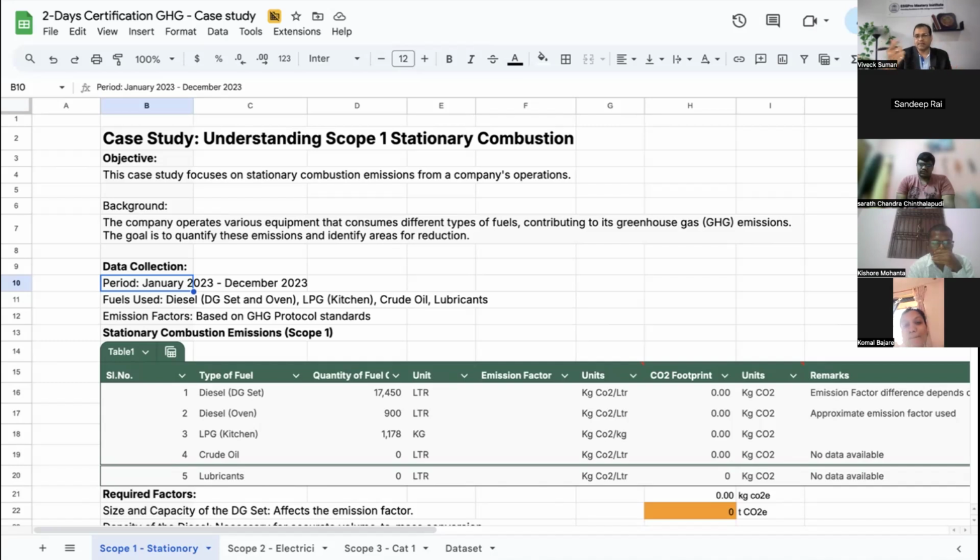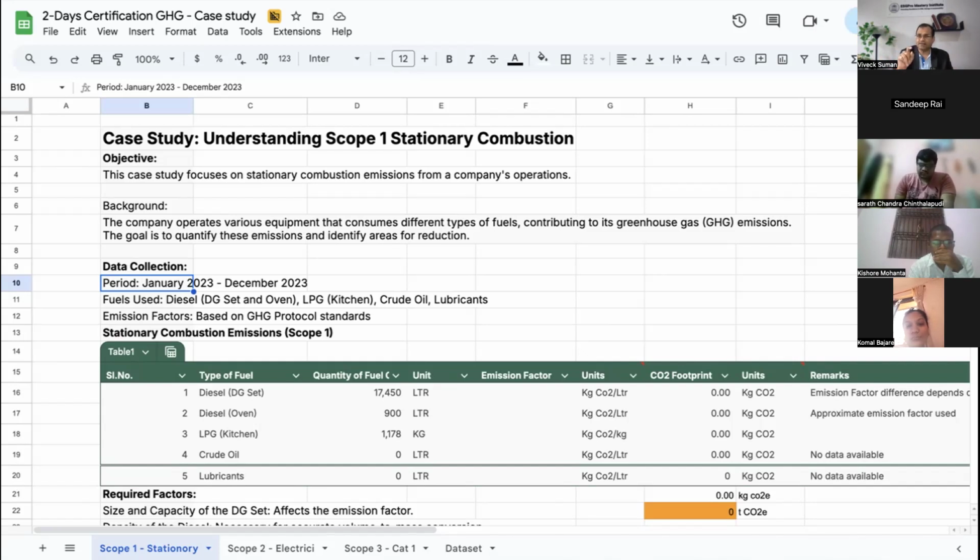Second, what Sarath has said is that you need to use the exact same period emission factors. And for your surprise, everyone, note it down again.